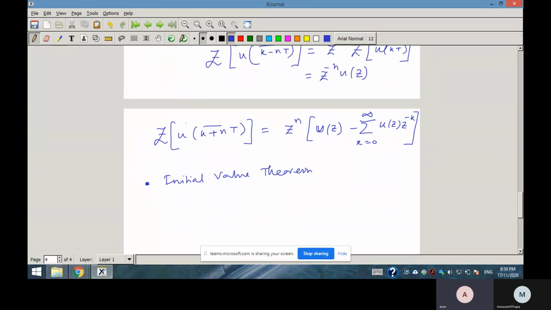Now we'll see the initial value theorem from the Z transformation.